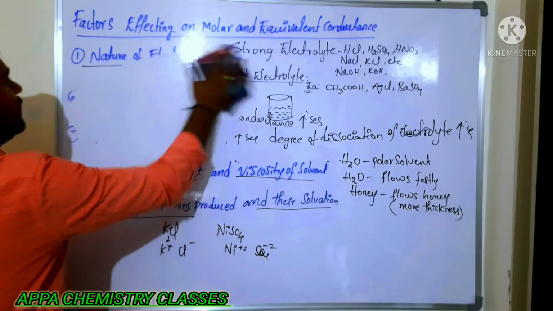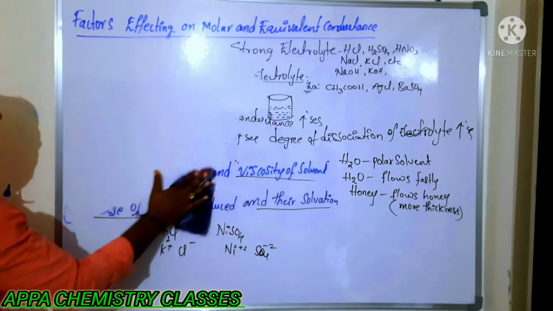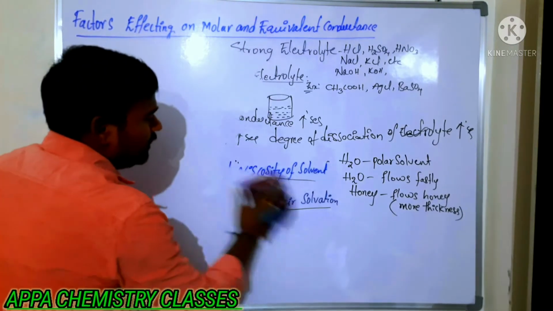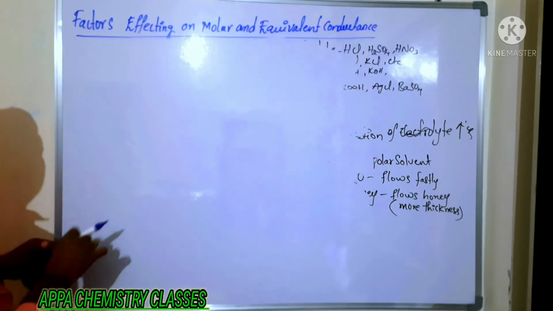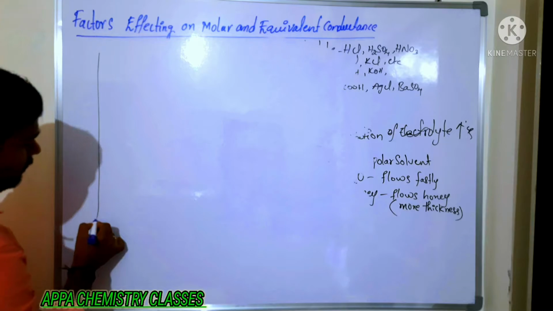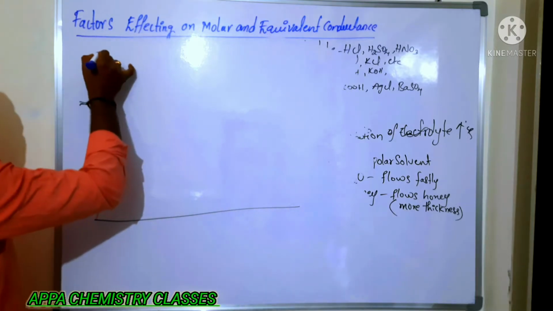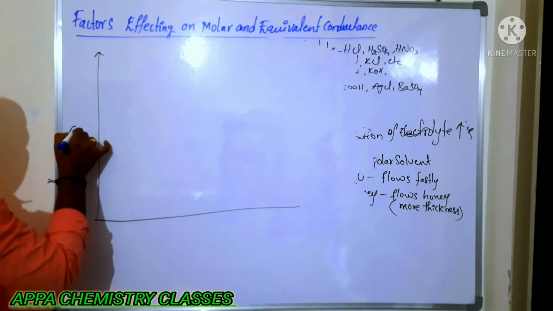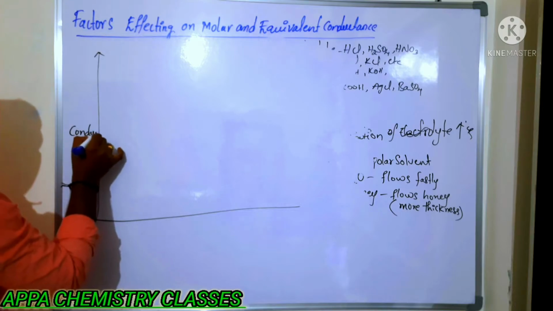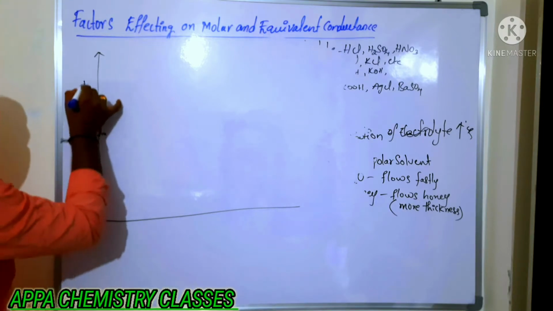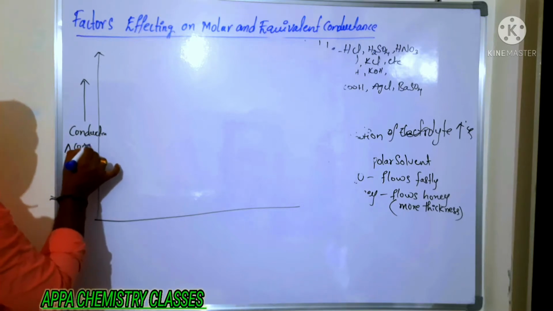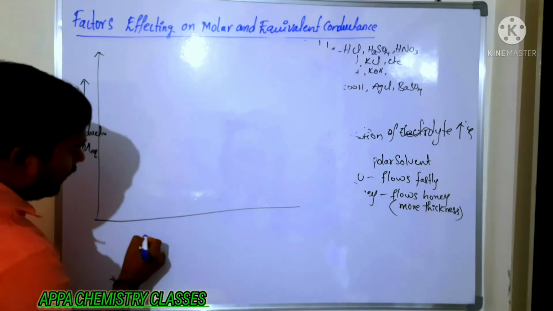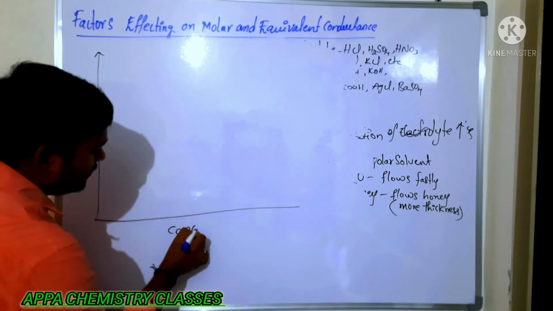Now we will see in the graphical method how conductance varies with concentration. On the y-axis we are taking the conductance, either molar conductance or equivalent conductance. On the x-axis I am taking the concentration.